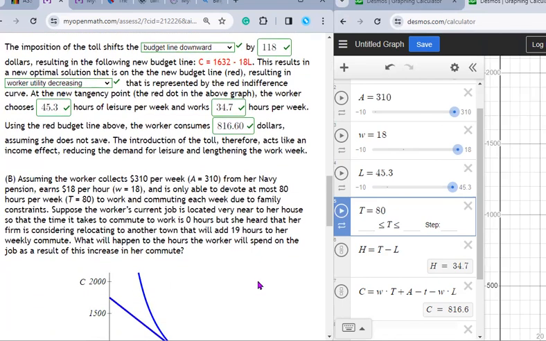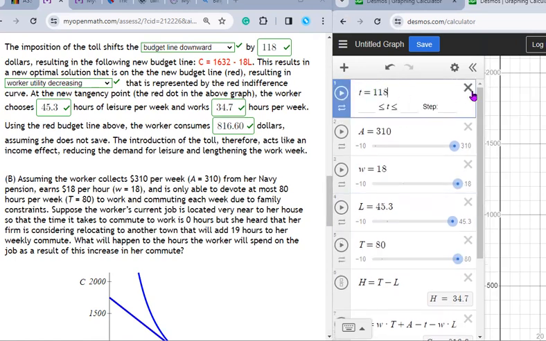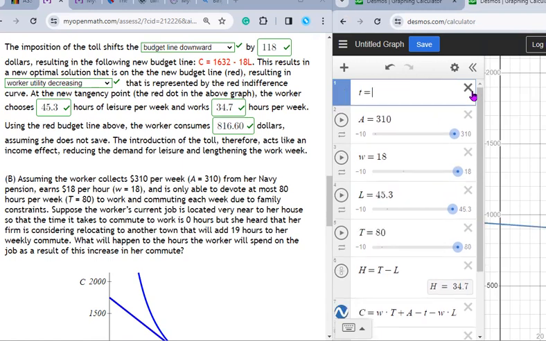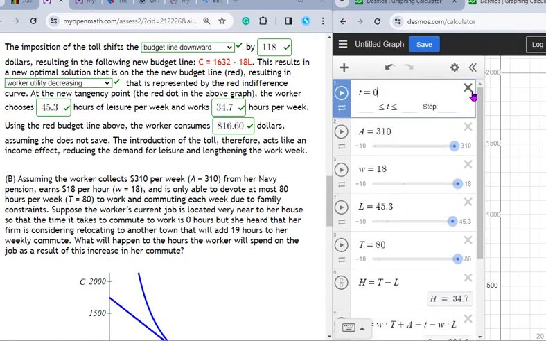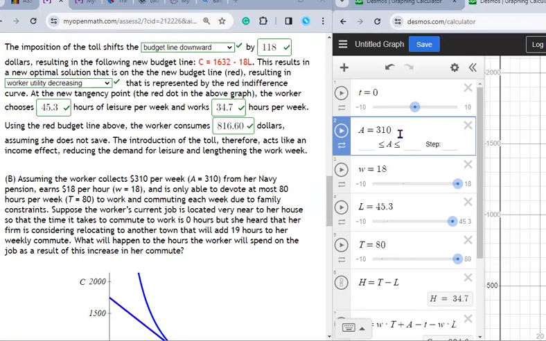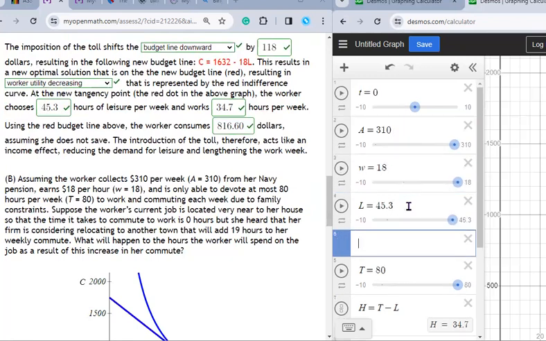Okay, now in part B, we're assuming the same initial conditions, so we're going to have to reset this. The toll is zero, and the worker is still collecting $310 a week from her Navy pension. The wage is still $18. I'm going to get rid of the leisure here.